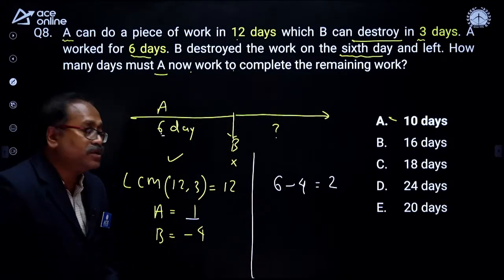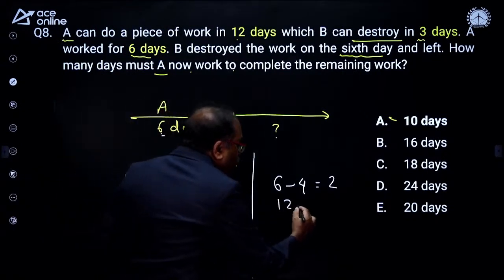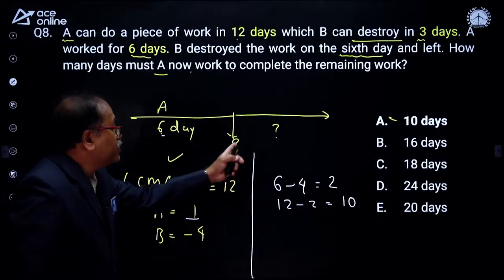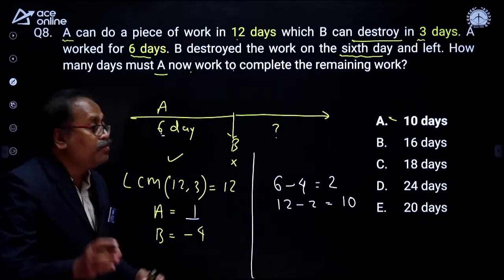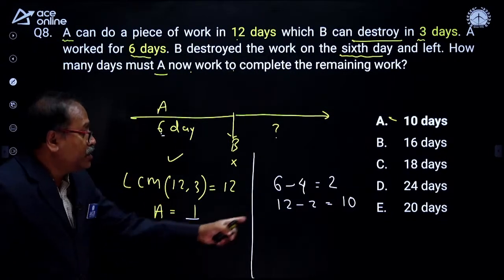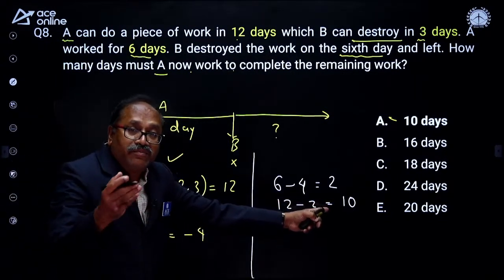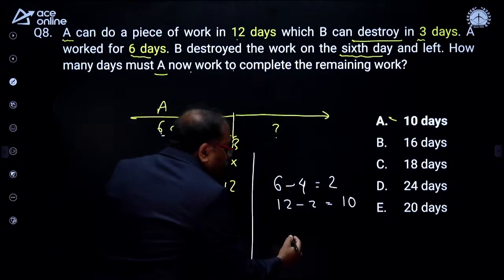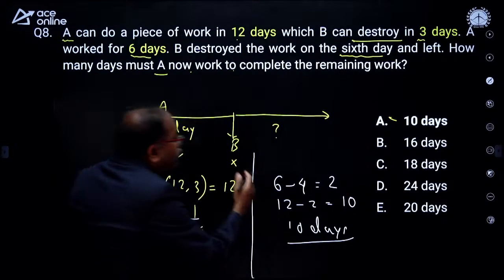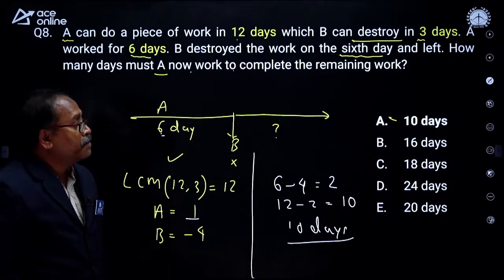Now how many units remain to complete? That is 12 minus 2. 10 units are left to complete. By whom? By A. And A completes 1 unit per day, then 10 units will be in 10 days. So it will take 10 days further to complete the remaining work.